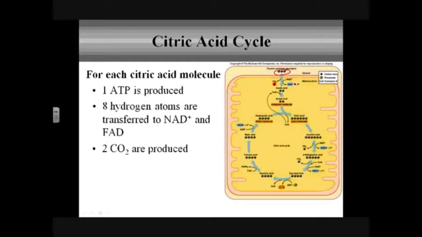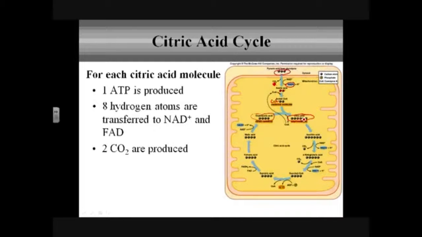NAD comes in and forms an NADH molecule, and you're left with acetic acid. Coenzyme A is going to come in and attach to the acetyl molecule, the acetic acid, and what you're going to have is these 2 carbons joining the 4-carbon oxaloacetic acid, and you'll end up with 6-carbon citric acid.